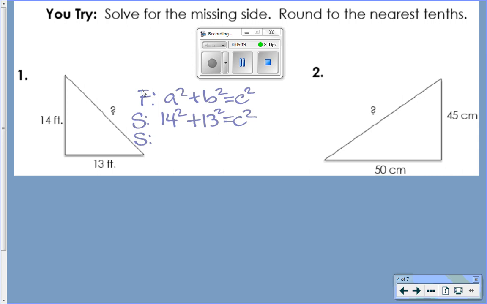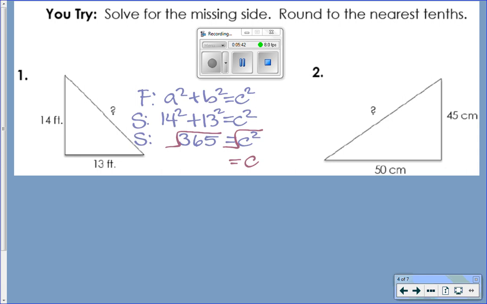Okay, and what was the sum of the squares here? 169 plus 196 is 365. Okay, and then how do we solve for just c? Yes, the square root. The square root of c squared is just side length c.